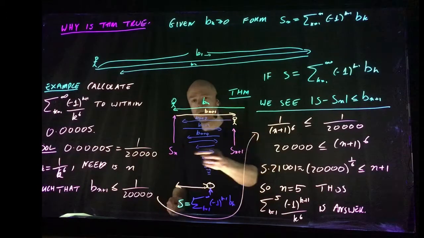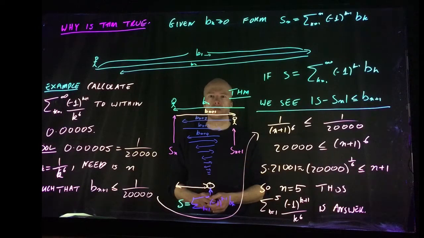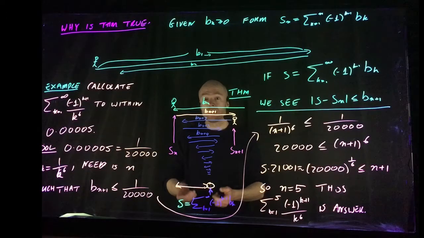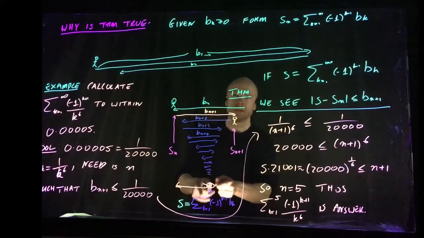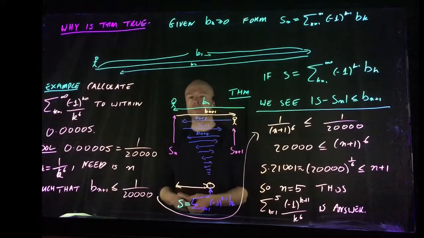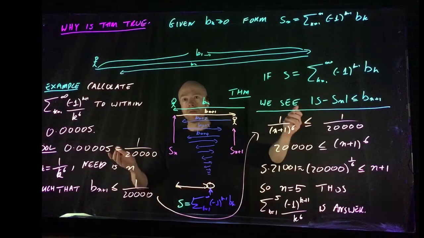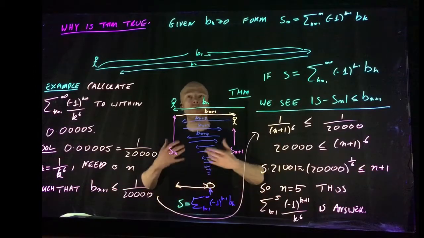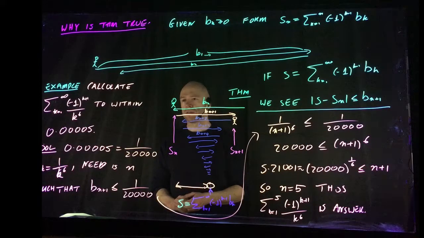Here, we don't care how slowly the bn go to 0, it's just enough that they go to 0, right? Because the partial sum Sn will indeed get closer and closer to some particular answer, and that will be the limit. In fact, we even know the difference between the Sn and the answer. It's less than the bn plus 1 term, and that is tending to 0, so that's all we need to know. Okay.